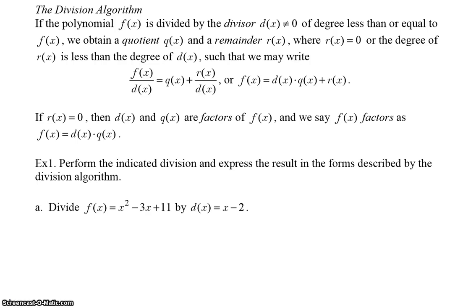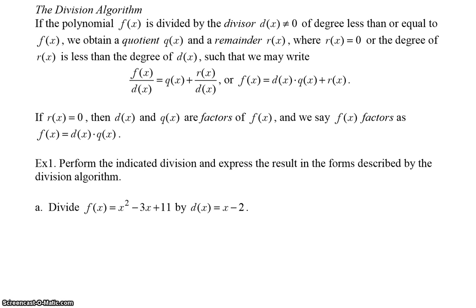If the polynomial f of x is divided by the divisor d of x of degree less than or equal to f of x, we obtain a quotient q of x and a remainder r of x, where r of x equals 0 or the degree of r of x is less than the degree of d of x, such that we may write f of x over d of x, or f of x divided by d of x, equals quotient plus remainder over divisor. Or in a second way of writing it, f of x equals divisor times quotient plus remainder.